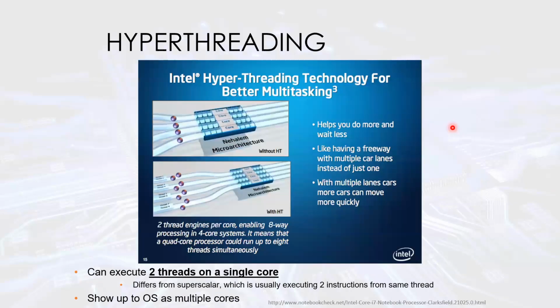Okay, so from there we went on, and this is kind of where we left off, to talk about hyperthreading. Okay, and hyperthreading is Intel's kind of buzzword, keyword technology. And the concept that we saw there was that more and more processors will have multiple cores. Okay, so like in this case, we actually see a 4-core processor.